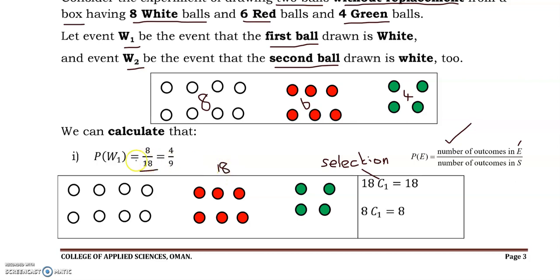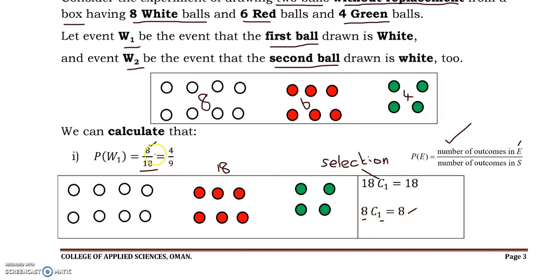So the probability of W1 is equal to 8. How are we getting this 8? My favorable event is first ball white. Total how many white balls do I have? I have 8 white balls. So from 8 white balls I select one white ball. This C means selection, combination. Already you studied this in this chapter. So out of 8 given white balls, I select one white ball, that is 8C1, which is equal to 8.